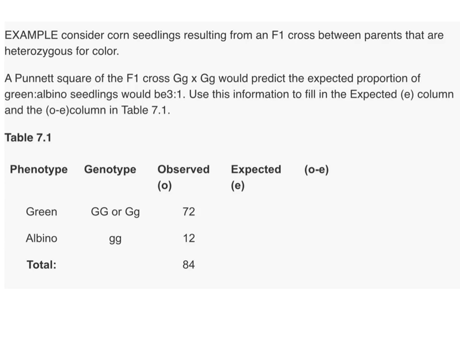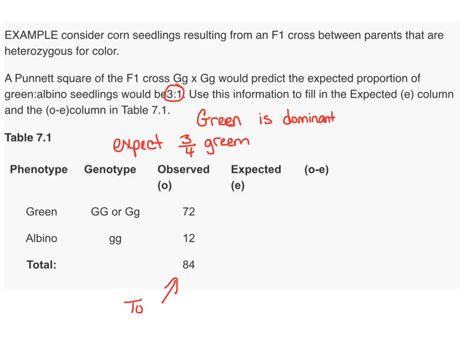If you set up that Punnett square, 3 of the 4 squares are going to be big G, or big G, little g. So what that means is that I'm going to expect 3/4 of my total of 84 to be green. 3/4 of 84 is equal to 63. So my expected number for green is 63.